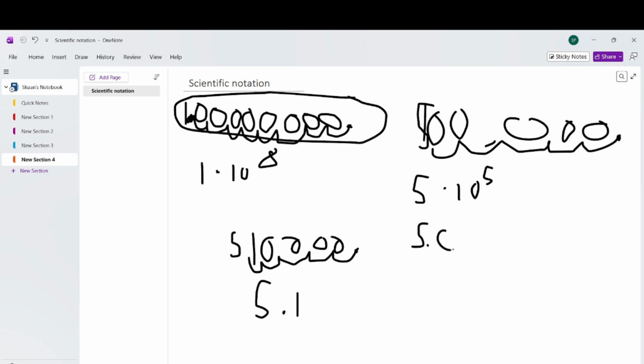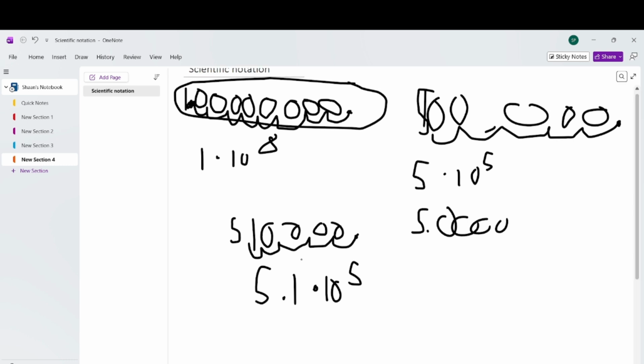It's 5.00000 going on and on. It's 5.10000 going all the way on. So there's no point in adding those zeros, because they're already going to be there. But since we have a 1 here, we need to add this 1. So now it's going to be 5.1 times 10 to the power of 5, and that'll give us 510,000.